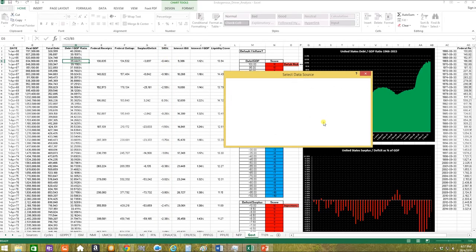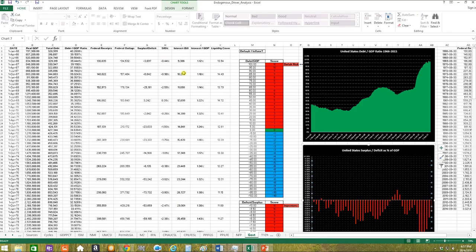So if we just come out of here and we look at how this is worked out, in column H, this percentage number is referencing cells G5 and B5. So B5, we know from earlier, is our GDP number, our real GDP number, but G5 is our surplus or deficit number.